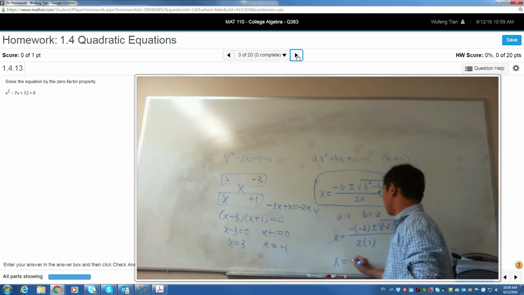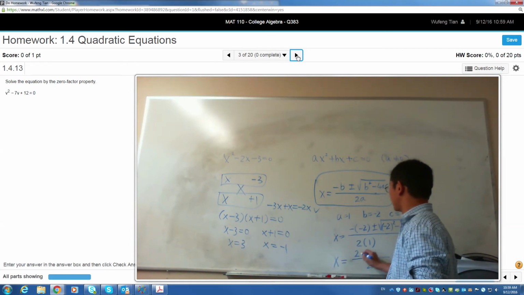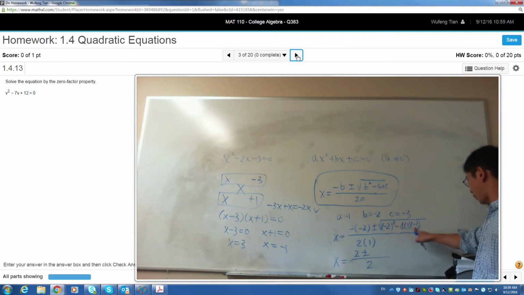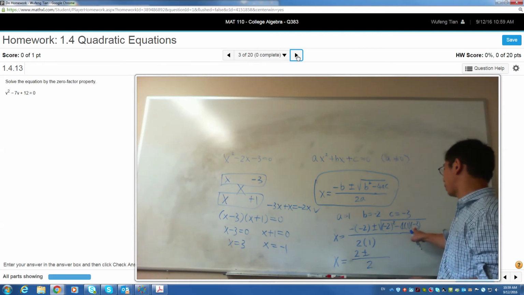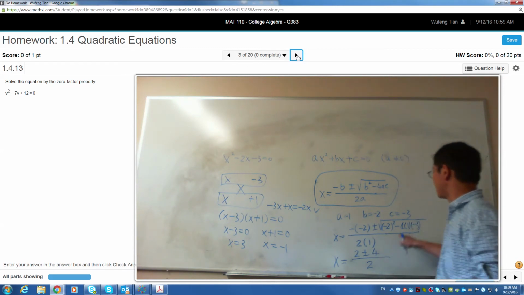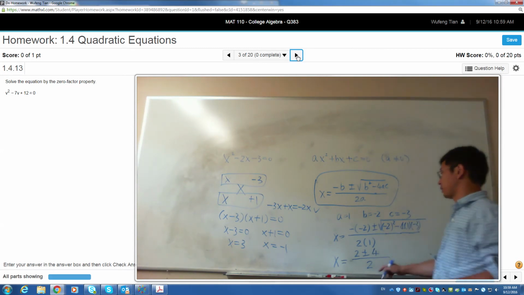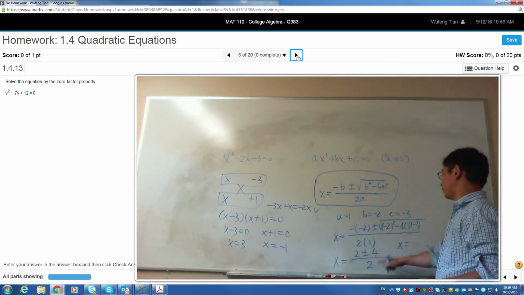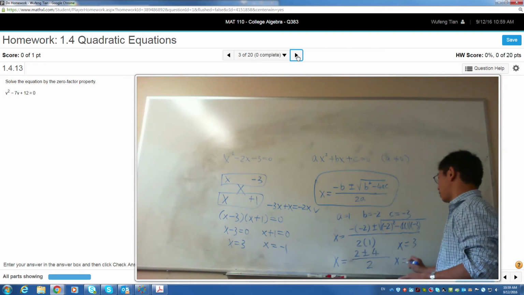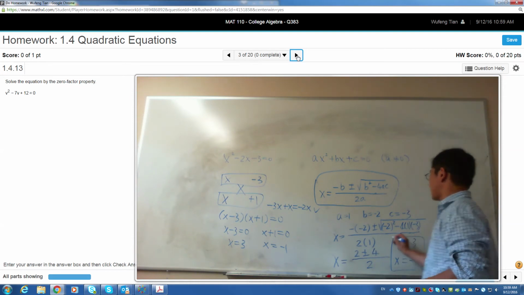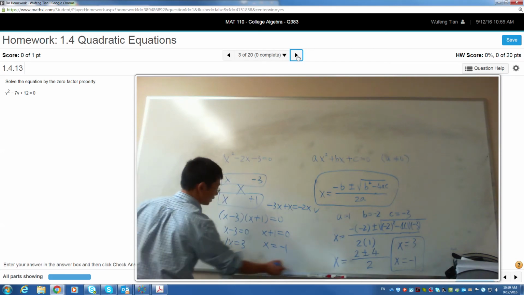So x equals 2 plus or minus the square root of 4 plus 12, which is the square root of 16, which is 4. Then you simplify that. 2 plus 4 equals 6 over 2, which is 3. 2 minus 4 is negative 2 over 2, negative 1. You see? You have exactly the same answer as I have here with factoring.